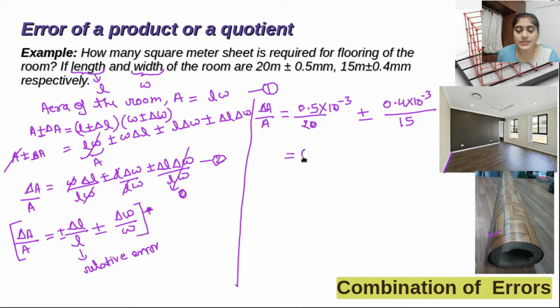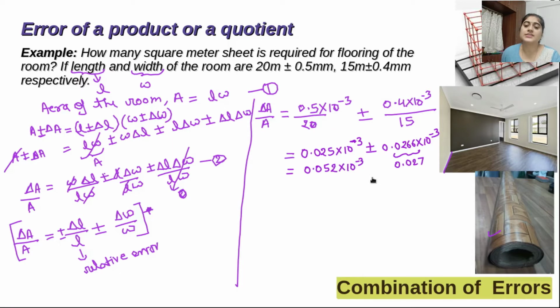So this will be 0.025 into 10 to the power minus 3, and 0.0266 into 10 to the power minus 3. If I add both, taking approximately 0.0052 into 10 to the power minus 3. This is the relative error.